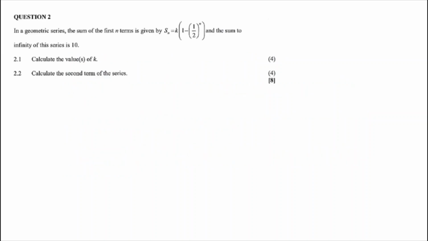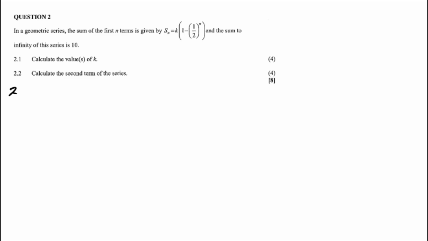Over here I have question 2, and it's a geometric series where the sum of the first n terms is given by that expression, and we have a sum to infinity which is 10. So 2.1 wants us to calculate the value of k.